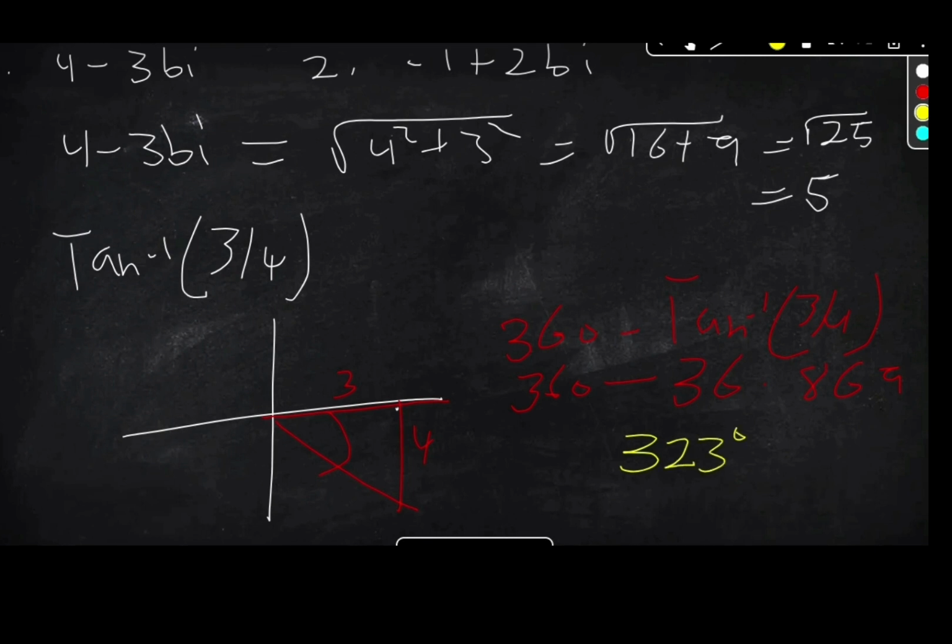So we have our radius to be 5 and our angle to be 323 degrees.